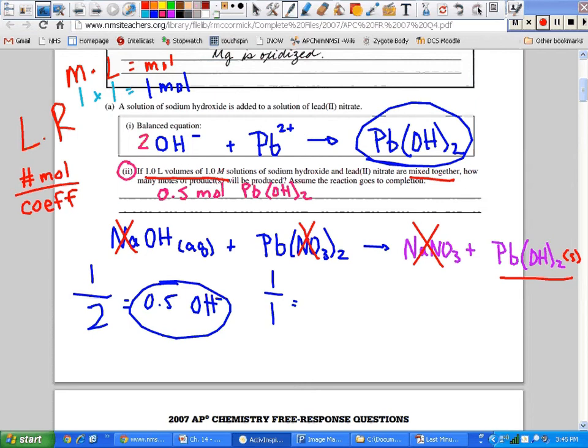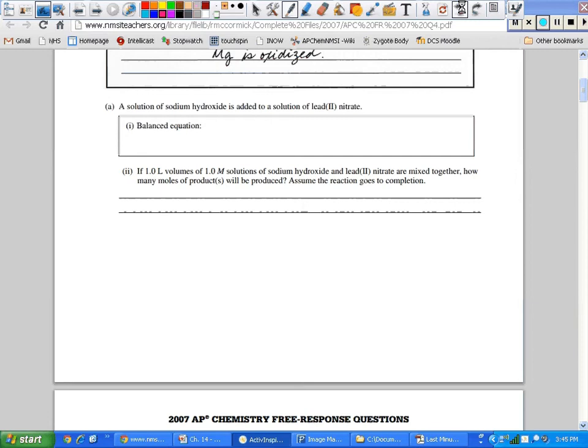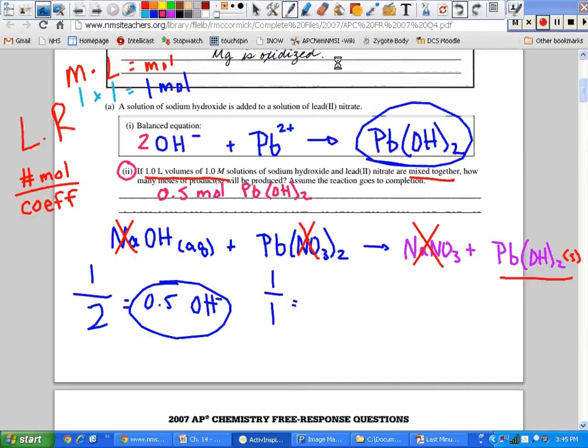Now, how do they score these? Let's go back real quick. Hopefully it'll come back up very fast. The way they score these is, come on. Yeah, the recorder does make it slow. All right. They give you 1 point for the reactants. Okay.